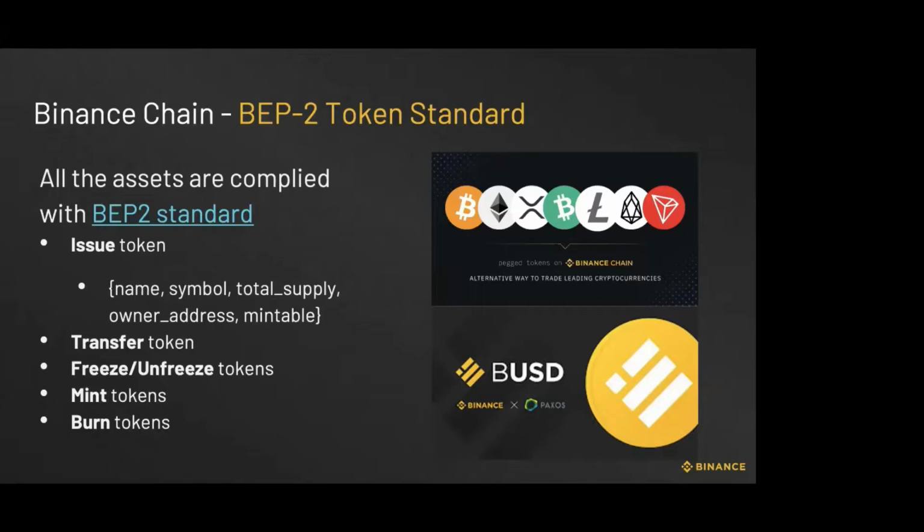Also, to help traders get hold of other popular crypto assets like Bitcoin or Ethereum, Binance has issued the pegged tokens on Binance Chain, so you can trade these popular assets on Binance Chain, even though they are originally on another blockchain network.